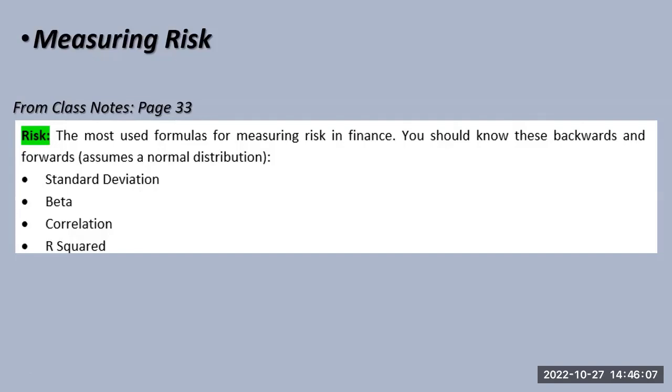We're going to use beta here quite a bit, especially in paper 3. And we do use correlation and R squared quite a bit. Correlation, when we're building efficient frontiers, is an important input there, as well as standard deviation. And then R squared we use a lot. You saw that when we talked about style analysis, trying to explain how much risk you've got covered. So we use these tremendously.